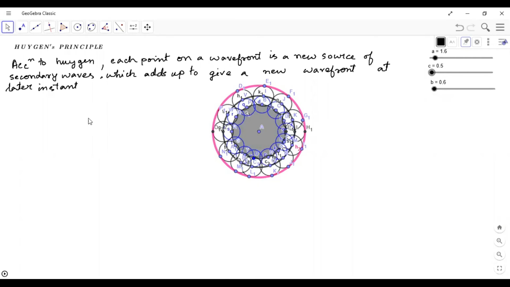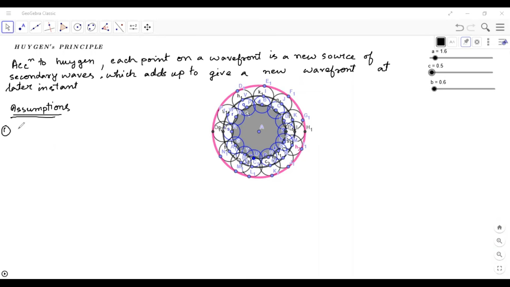Now we are going to write down certain assumptions required to explain this Huygens principle.